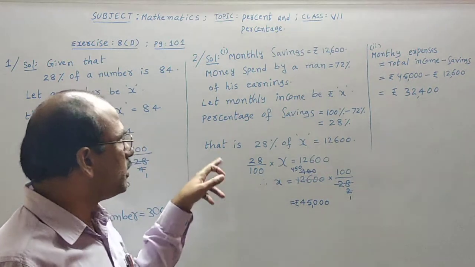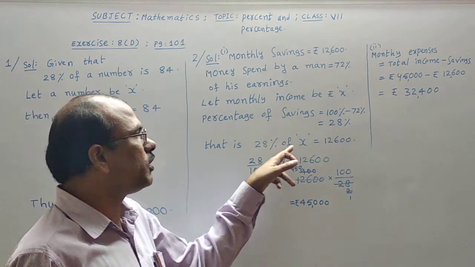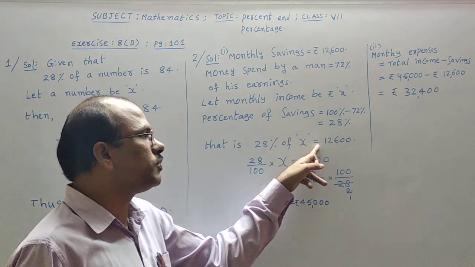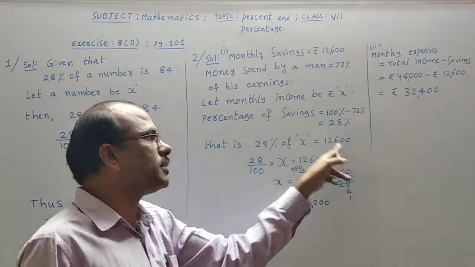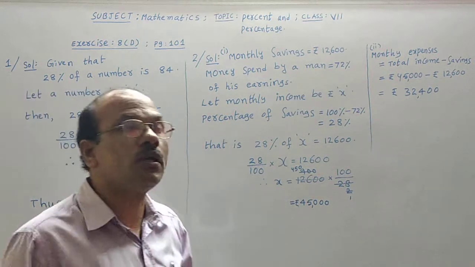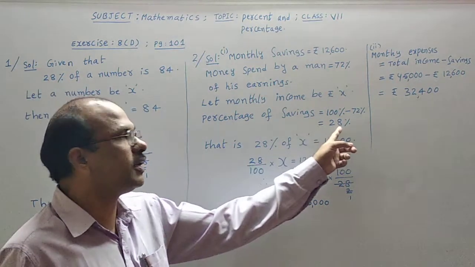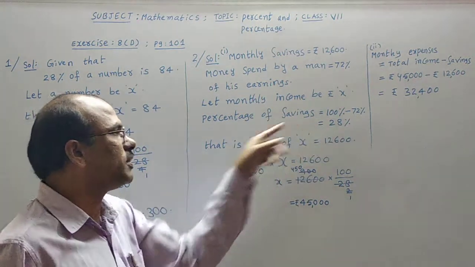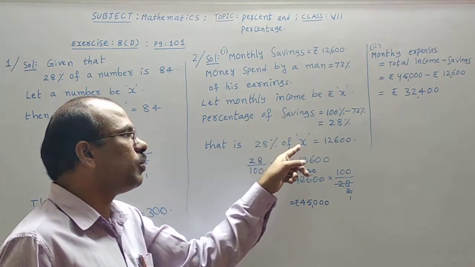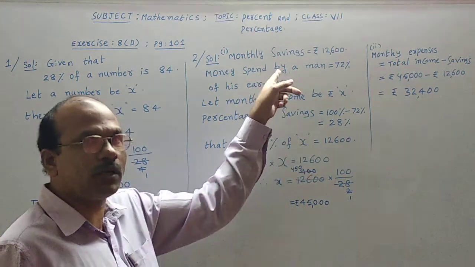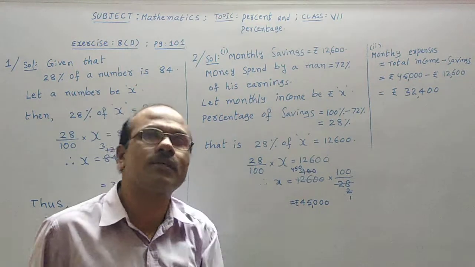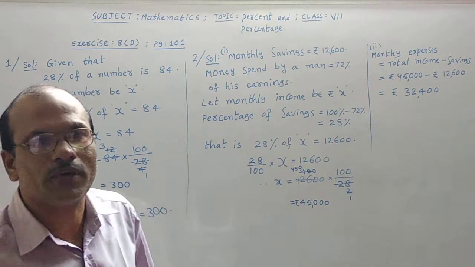That means 28% of the whole salary x gives you the answer 12,600 rupees, because these savings are 12,600 rupees. Here we got savings as 28%, so 28% of the whole salary we called x in the beginning is equal to 12,600 rupees. Am I correct students?